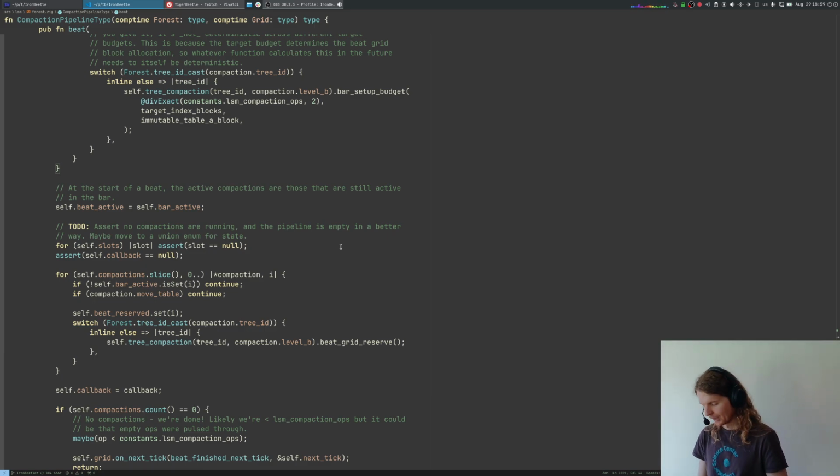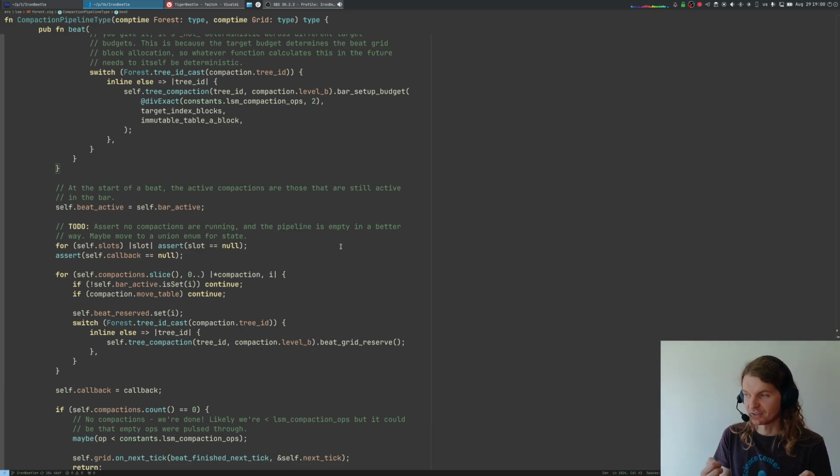Okay, so we figured out how we set up budget. Before we compact anything, we need to figure out what we are even compacting. And that means figuring out which table we are compacting from level A and which tables on level B are intersecting our table. The algorithm here is pretty simple.